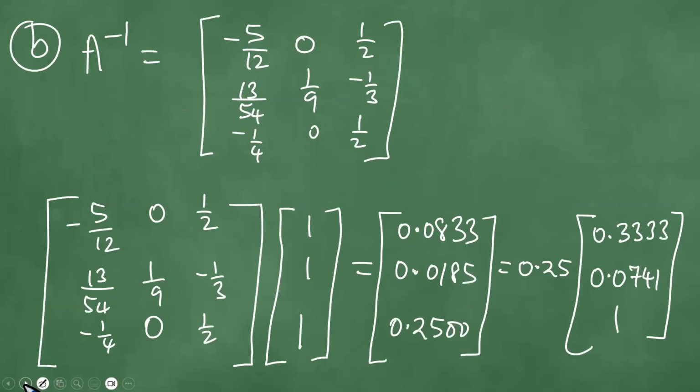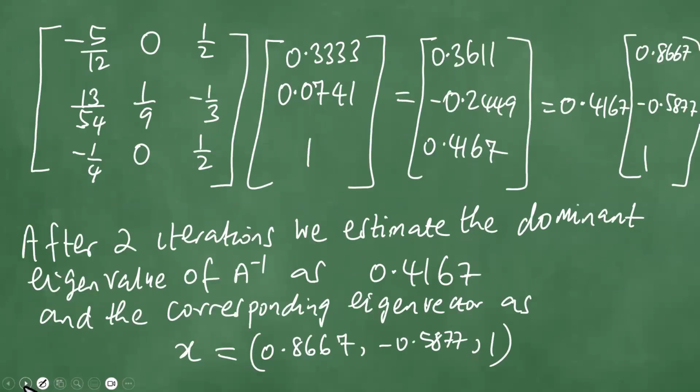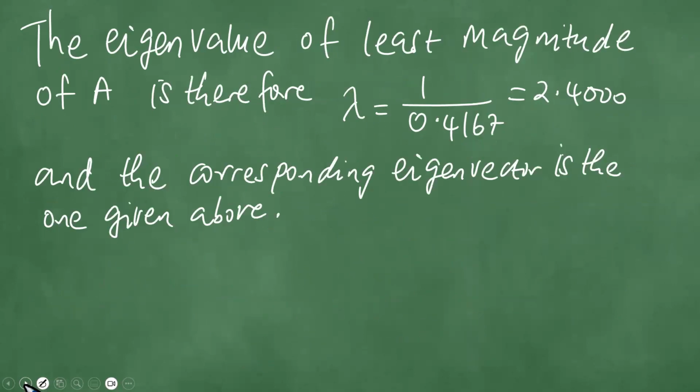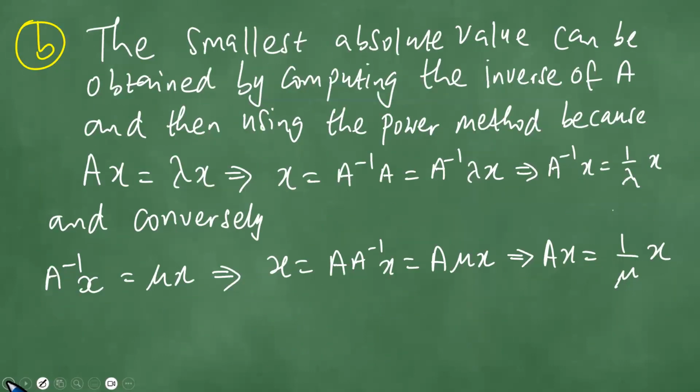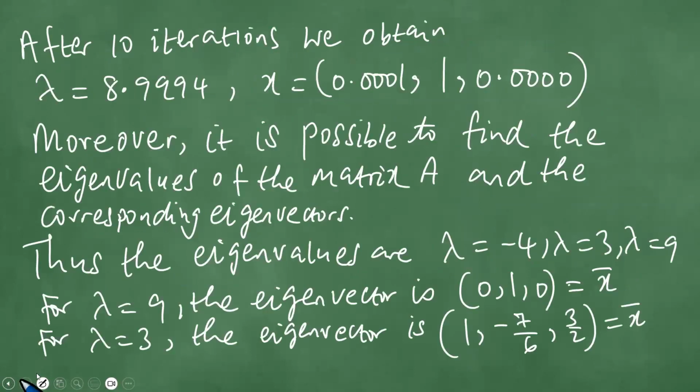We have seen this also in part B. In part B, we saw that the eigenvalue of the least magnitude was 2.4. The magnitudes here are 3, 3, 4, and 9, and 3 is the smallest one.